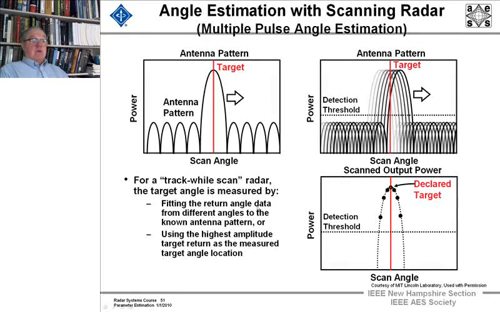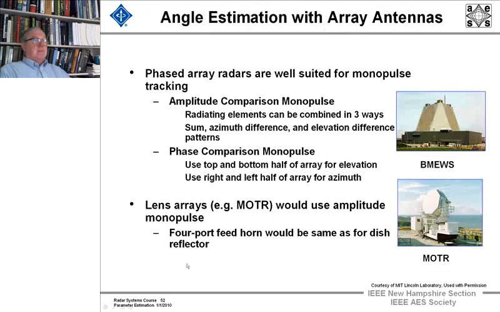We can fit the return angle data from the different angles to the known antenna pattern. Or we can use the highest amplitude return as the measured angle location. And of course it depends on the signal-to-noise ratio of the target, but they will give us quite good accuracy on the angle estimate of the azimuth pattern.